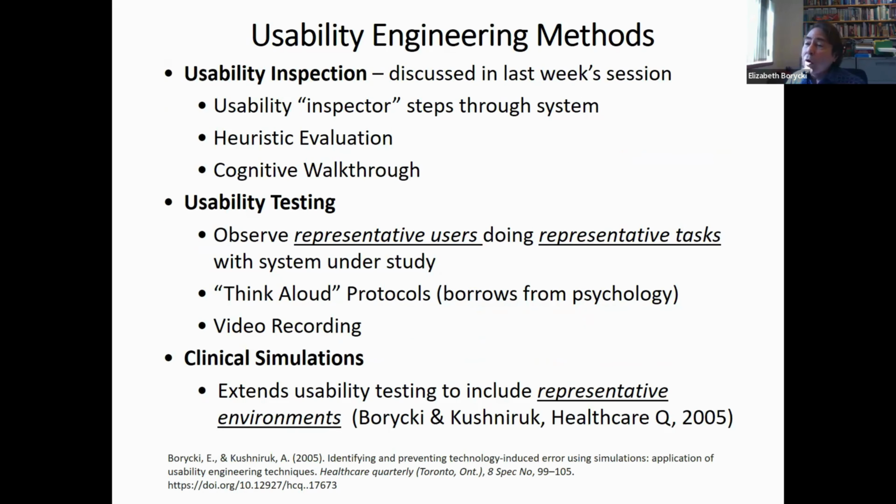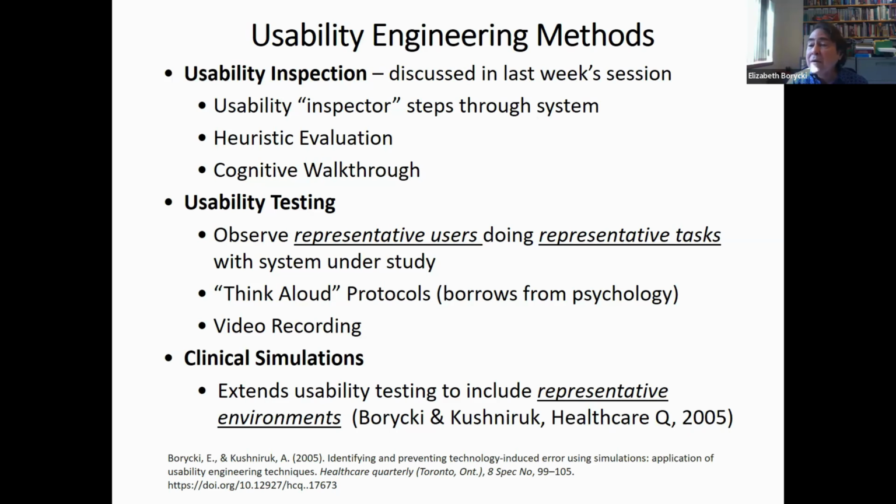And the overall map for the methods: last week we went into detail on usability inspection. This was the method where the analyst or inspector steps through the system methodically. So the first category, usability inspection, isn't observing users.